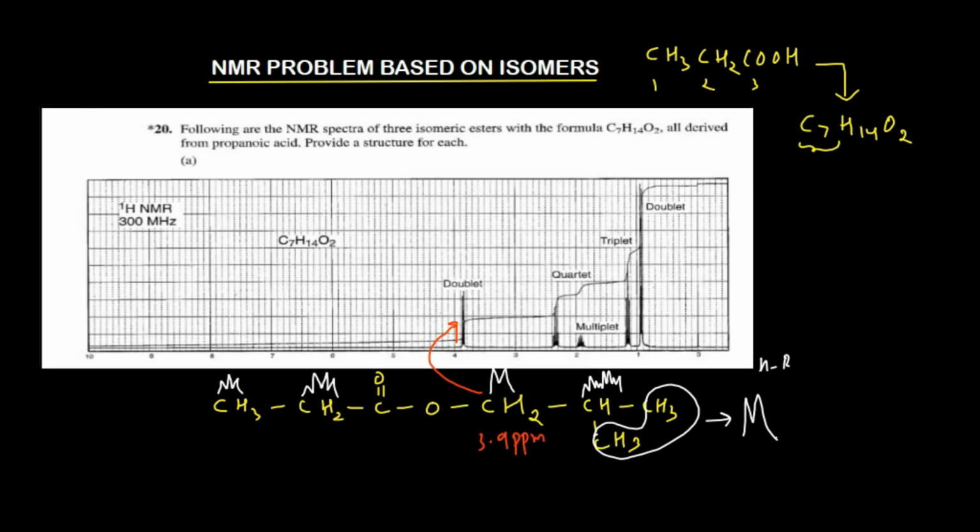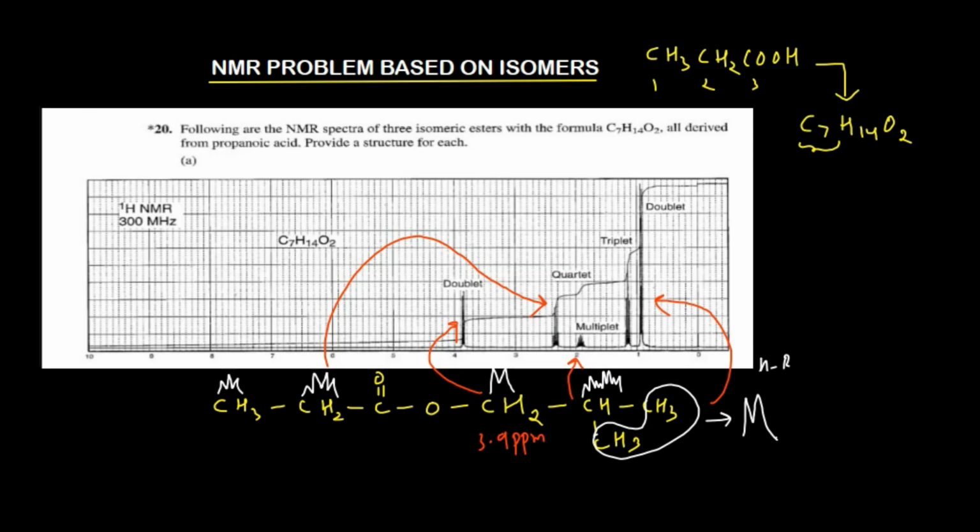And then you have this particular quartet. This quartet is this one, because it is connected with the electronegative carbonyl group. And then you have this multiplet, of course, for this one. And then you have a doublet, very upfield, for this one.